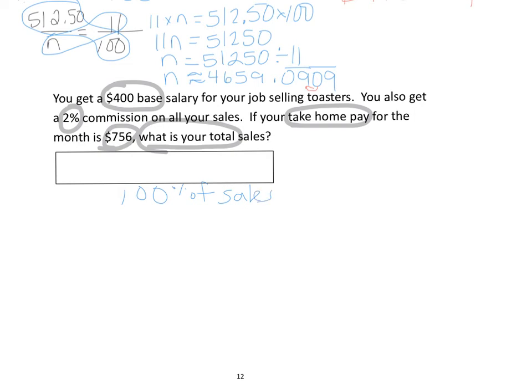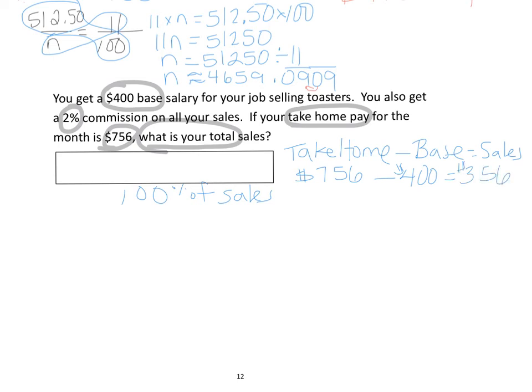But the question we need to ask ourselves is, how much is our sales? In order to determine that, we take our take-home pay of $756 and we subtract the base salary, meaning your commission was $356.